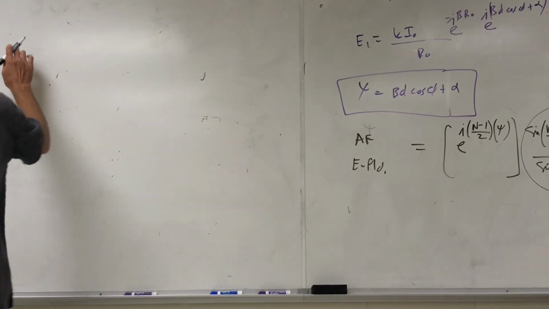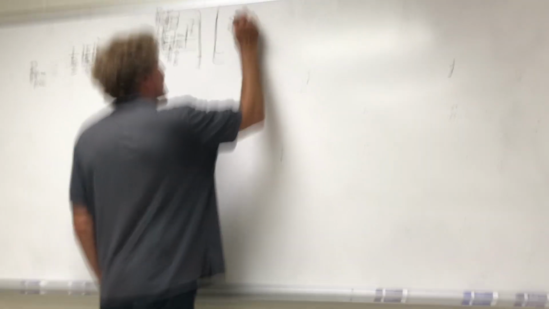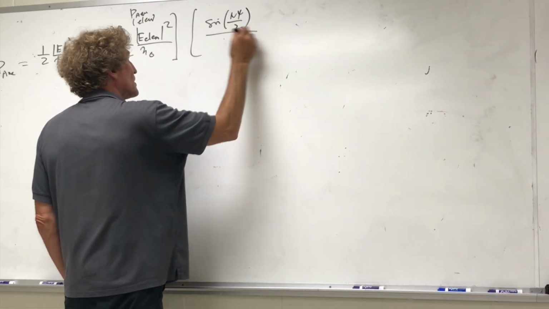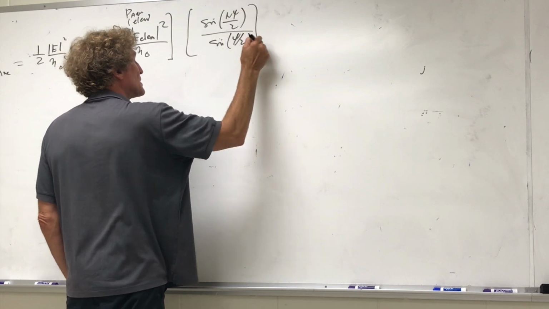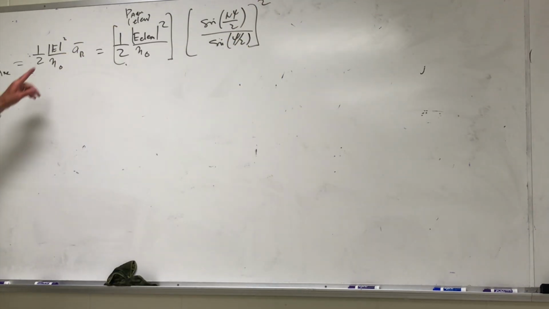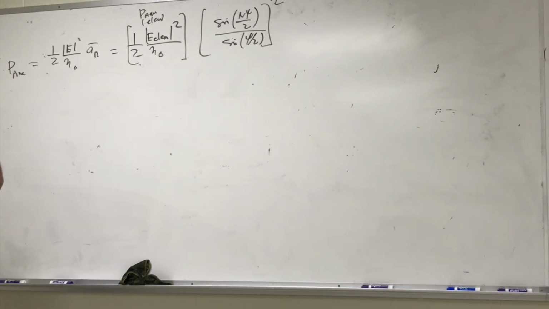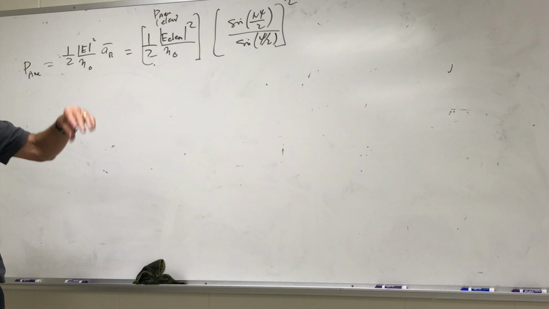So now I get this times sine of n psi over 2 over the sine of psi over 2, squared. When I have E squared, I know that E itself is the element's electric field times the array factor. So when I square the element's electric field, over 2 eta naught, that is just the average power density of the element at a given range R. Then I have to square the other part.